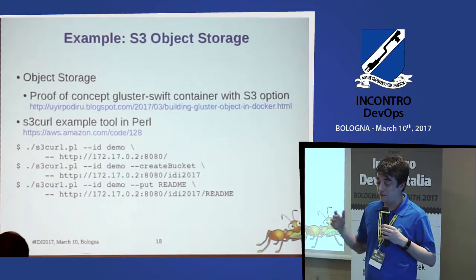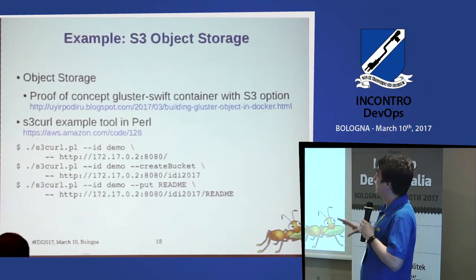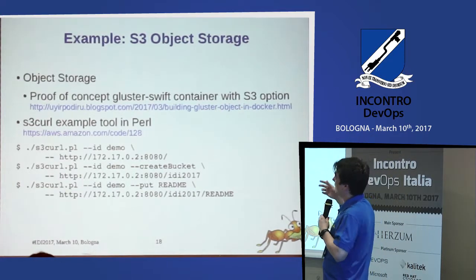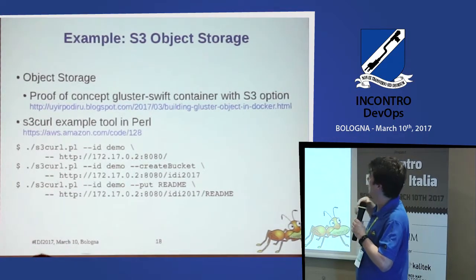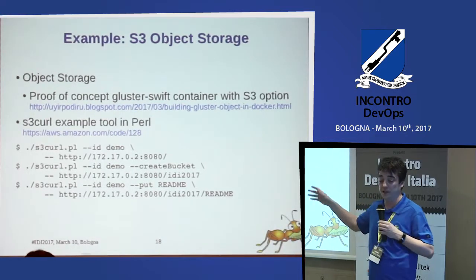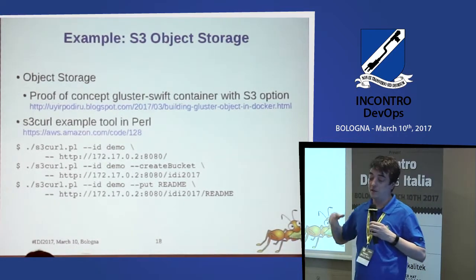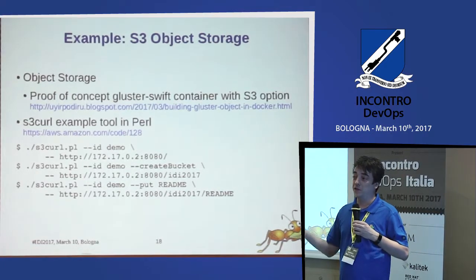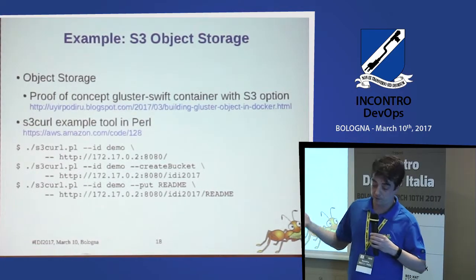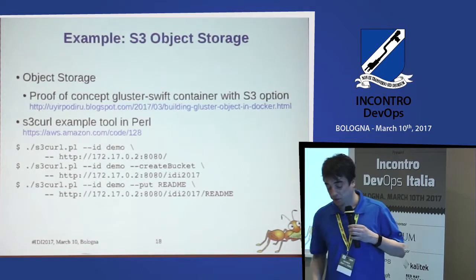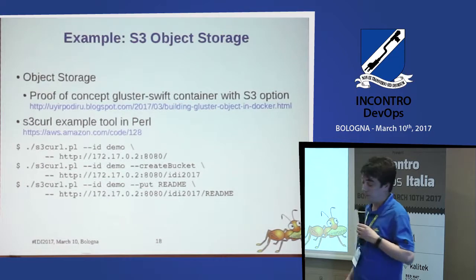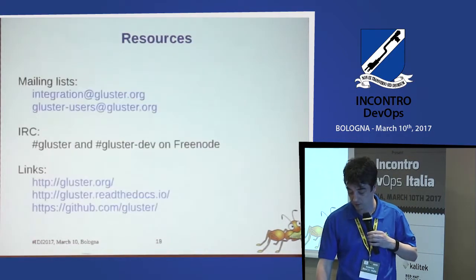So one of my team is working on providing this in a few simple steps. He wrote a nice blog post on how to set up an S3 compatible environment on top of Gluster, and you have your S3 service running in a container and everything. So these are some of the commands that you can show, and everything just runs with that.